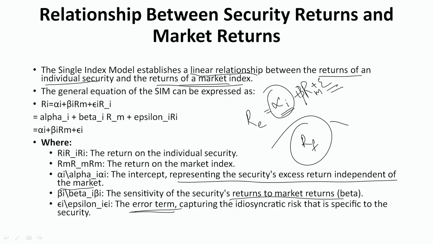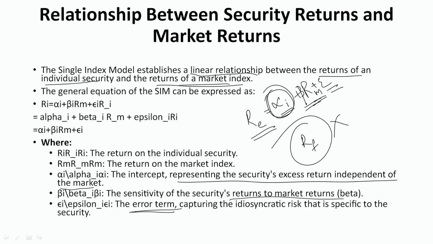There is nothing called a risk-free rate of return. It says that return of my portfolio is directly dependent on the overall market and the risk associated with the overall market. Okay. So, whatever excess I would be getting by means of my performance is considered to be independent of itself, which is reflected in alpha.